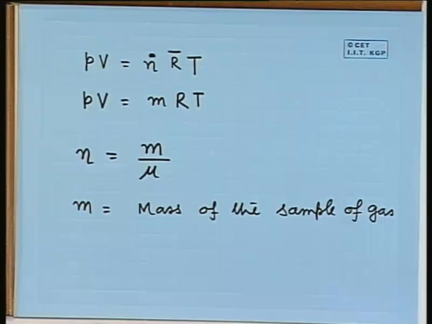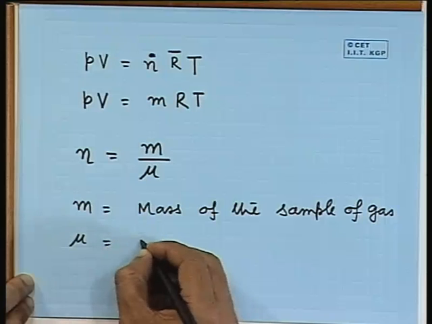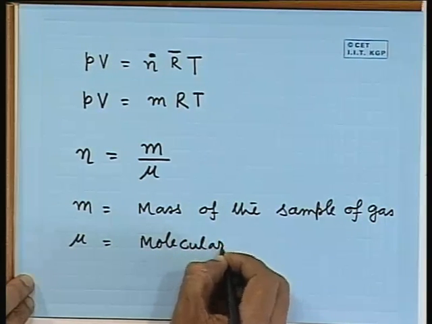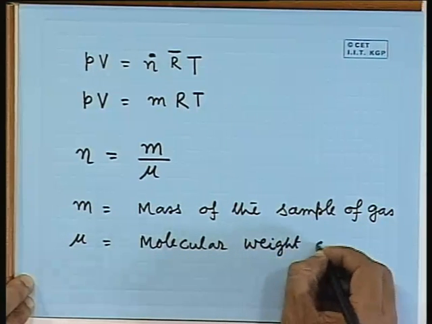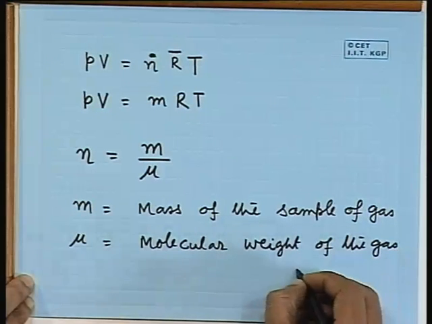M is the mass of that sample of gas, and mu is the molecular weight of the gas sample.